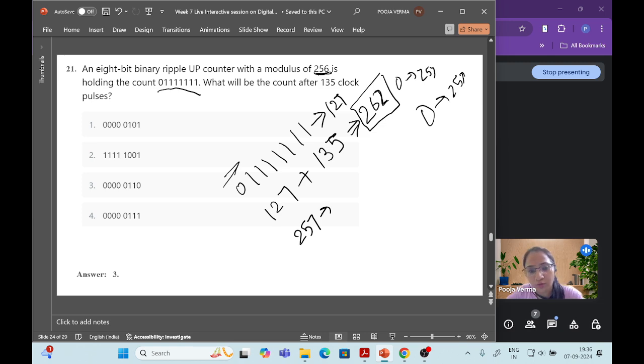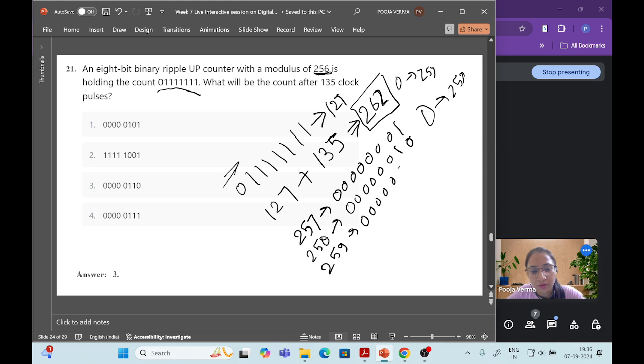So at 257 clock pulse, it will be 00000001, 8-bit, because it is an 8-bit binary ripple up counter. And at 258 clock pulse, it will change to the next state, 00000010. At 259 clock pulse, it will count 00000011. At 260 clock pulse, it will count 100.